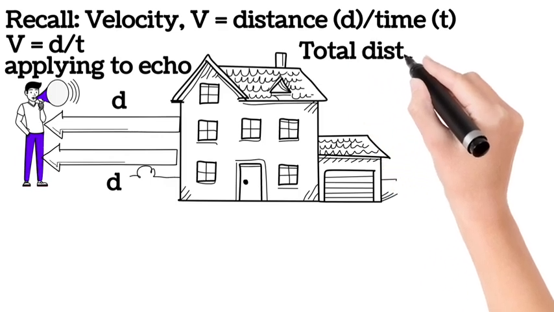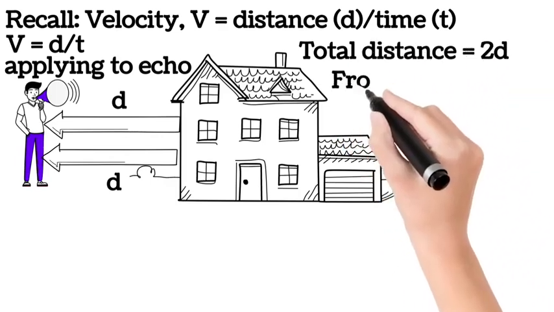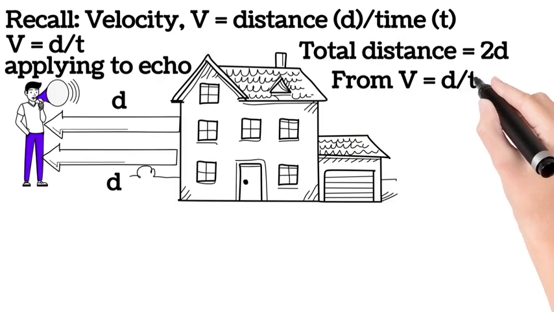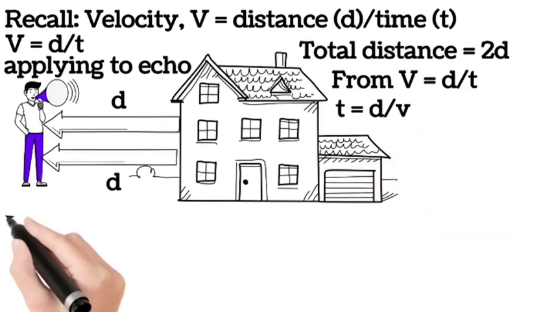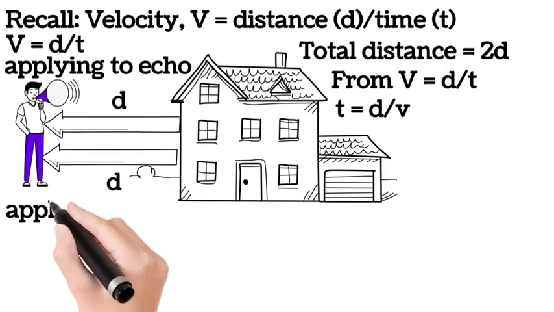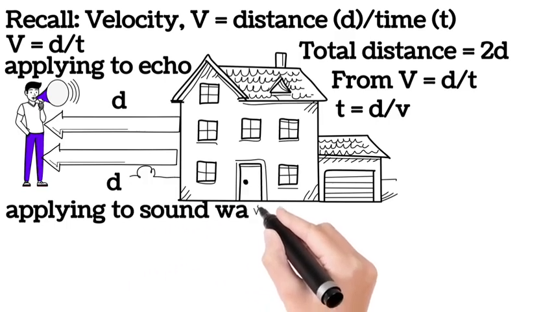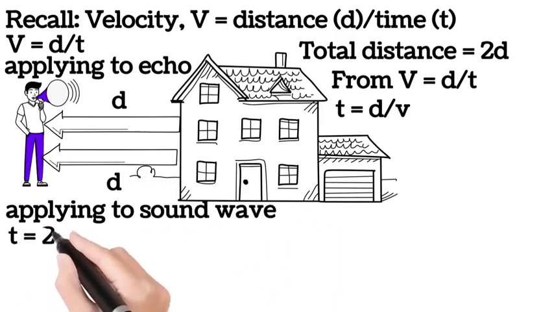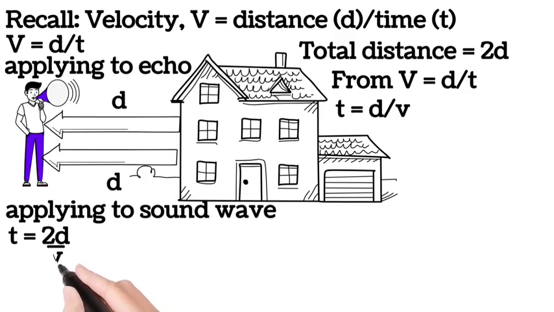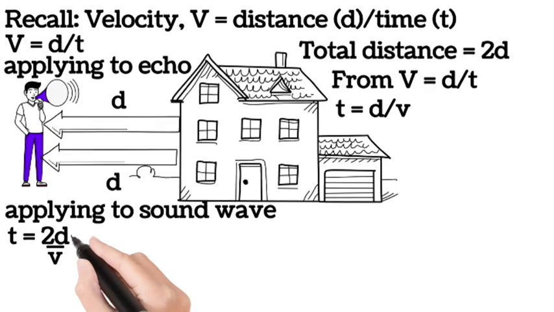Now from v equals D over t, if we make t the subject of the formula, you would have t equals D over v. And we said that capital D equals 2d in echo. This applies in echo only. D, the total distance of sound wave, equals 2d.